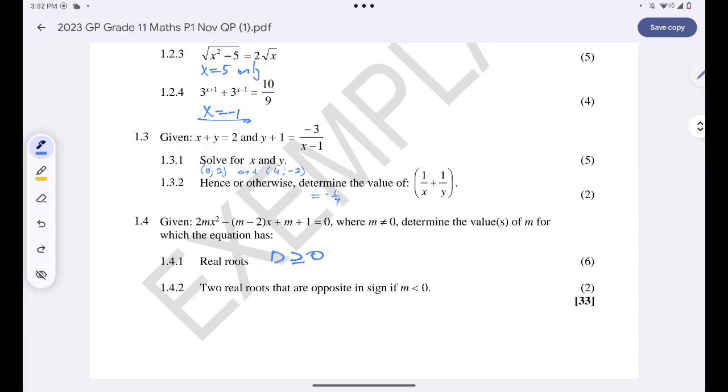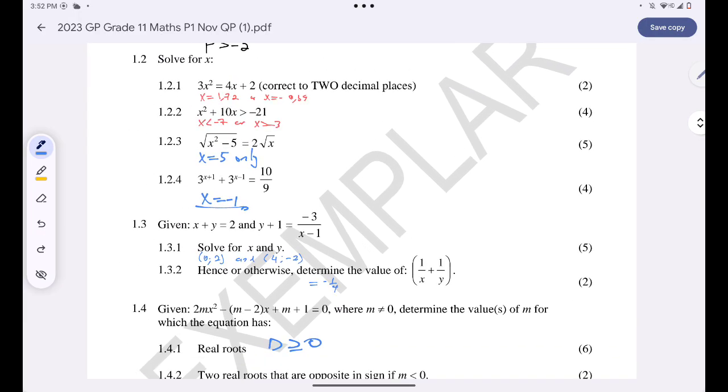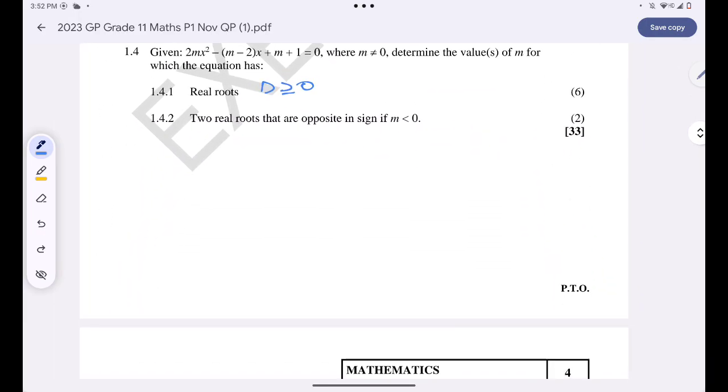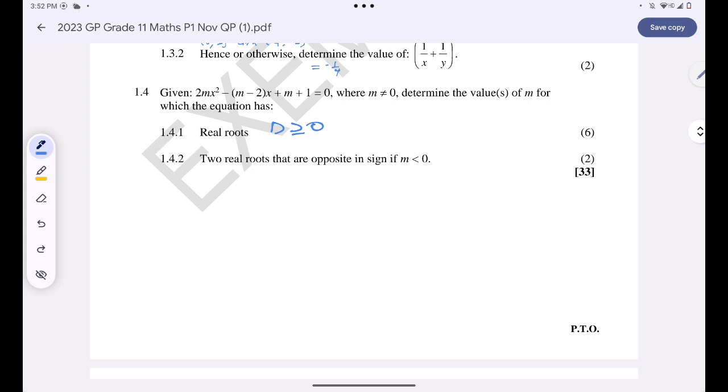Remember that delta is b squared minus 4ac, the discriminant. So delta, b squared minus 4ac, is greater or equal to 0.